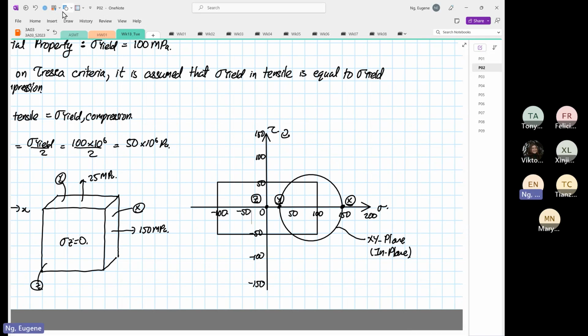And then we can draw another circle. And this is your what? YZ plane, right? Which is your out of plane, right? Out of plane.